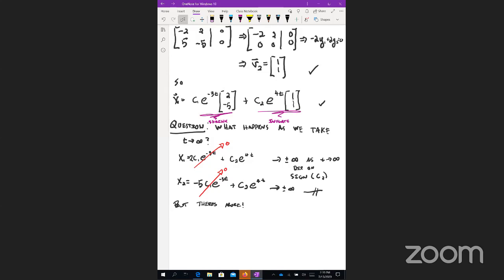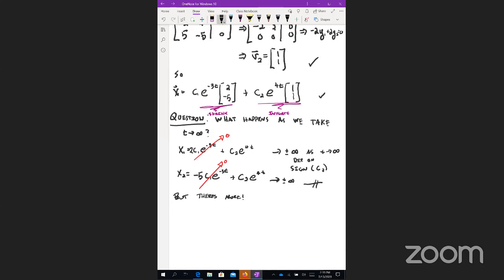Basically, for large t, so large but finite, we actually are going to have that x of t is not equal to, but approximately equal to c2 times e to the 4t, times v2, right? Because the whole first component will have vanished. So not only does this go to infinity, it goes to infinity along the eigenvector v2.